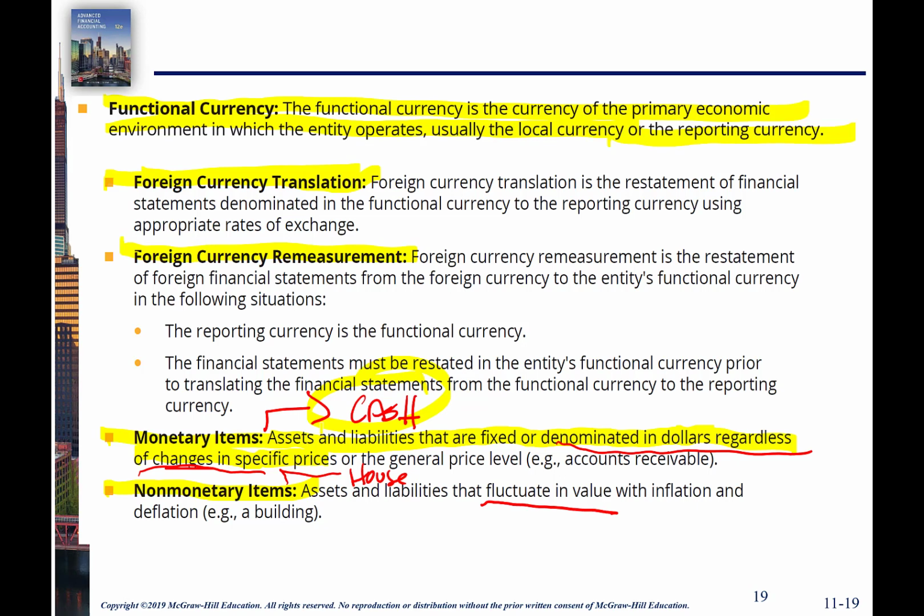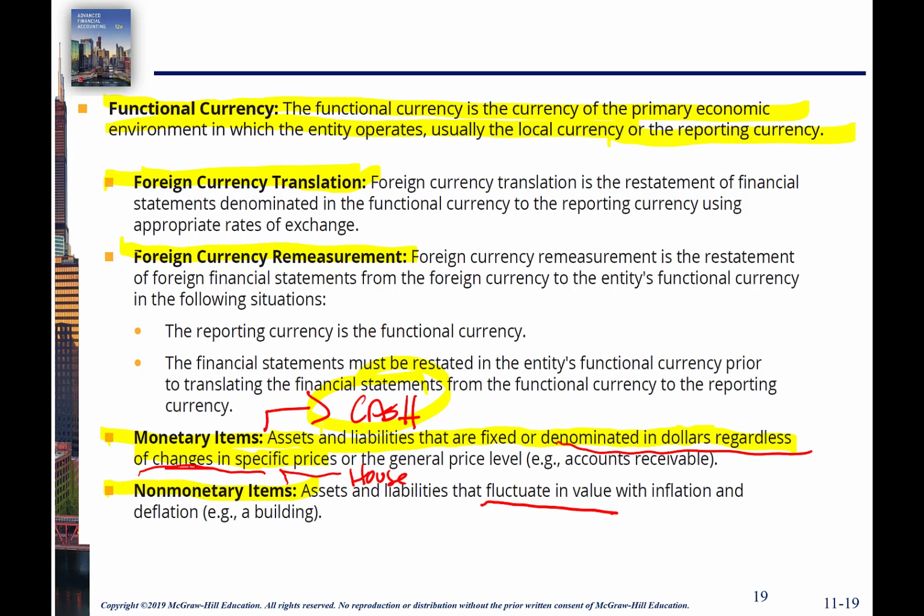You fall asleep for 5 years, you wake up 5 years later, Rip Van Winkle, whatever, 100 years later, and there's still $10,000 in your pocket. Now, it may not buy as much, but it's still $10,000. It doesn't become $100,000 just because time has passed. So cash is an example of a monetary item. $10,000 stays $10,000. Its purchasing power may change, but its amount, what it's denominated in dollars, stays the same.